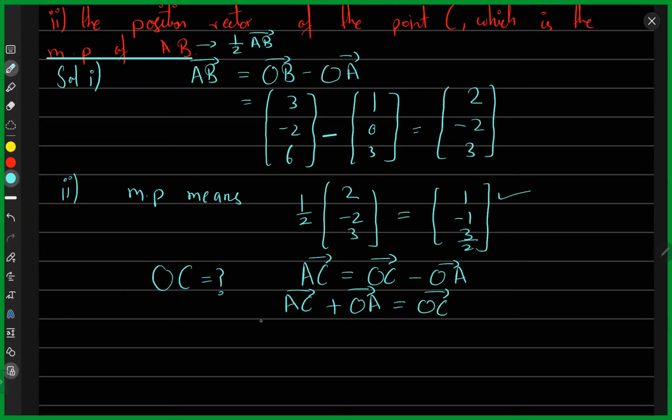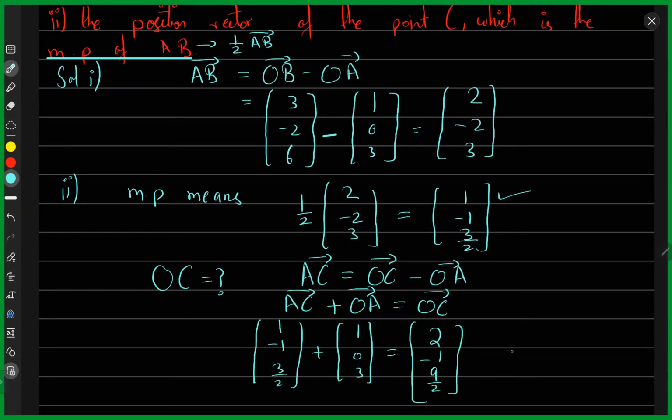So AC was 1, -1, and 3 by 2. OA was 1, 0, 3, and when I am going to add this, it would give me 2, -1 and then 9 by 2. So this is basically going to be the answer, okay?